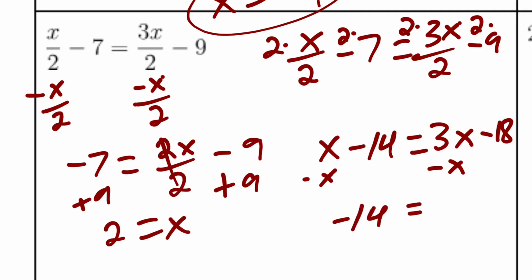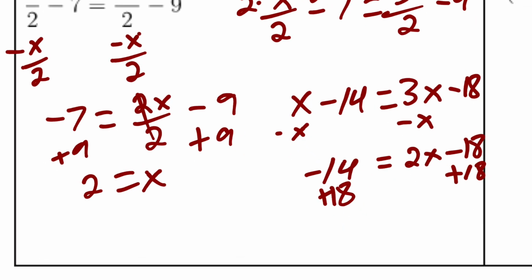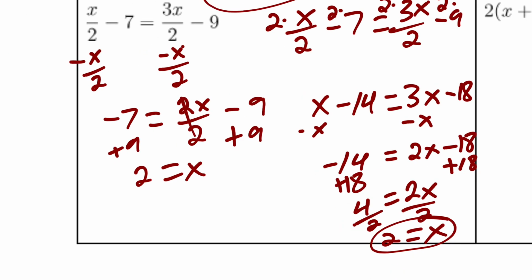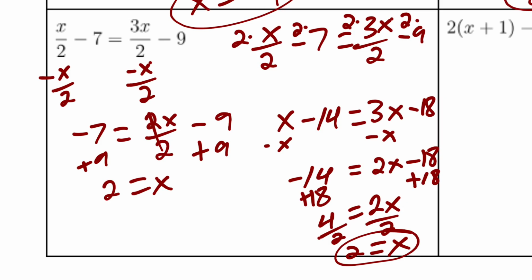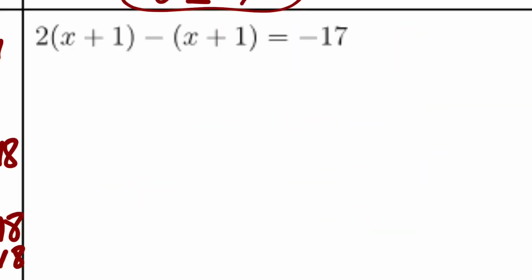Negative 14 is equal to 2x minus 18. If I add 18 to both sides, I get 4 is equal to 2x. And once I divide by 2, 2 is equal to x. In this case, I don't think multiplying really helped me. But both work.